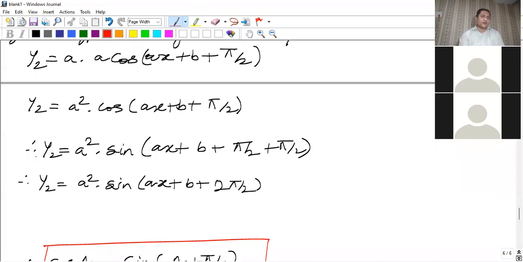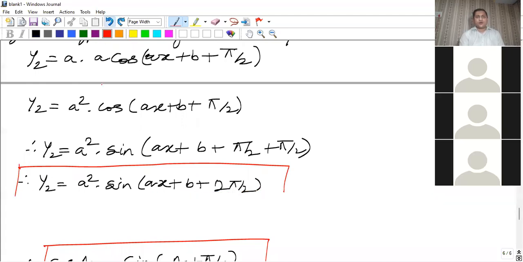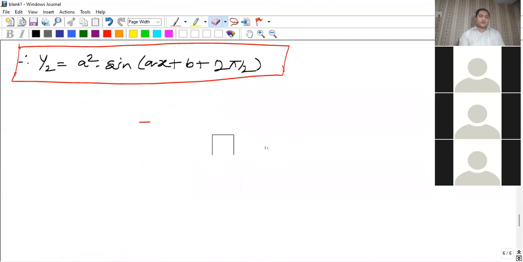As I said, don't be in a hurry because we have to reach the nth derivative and we need to observe. Don't try to reach the conclusion in a few steps. Great. Now think of y3 and y4.